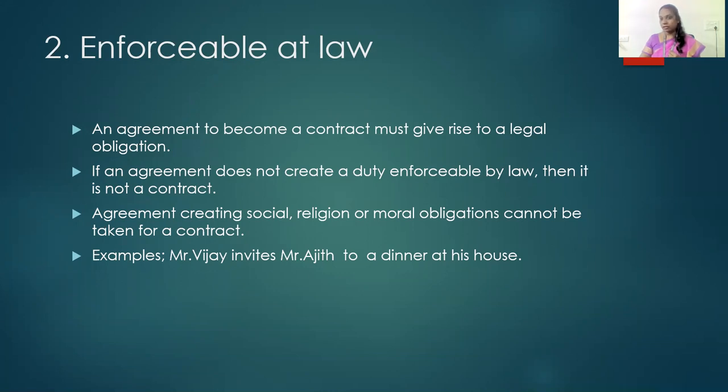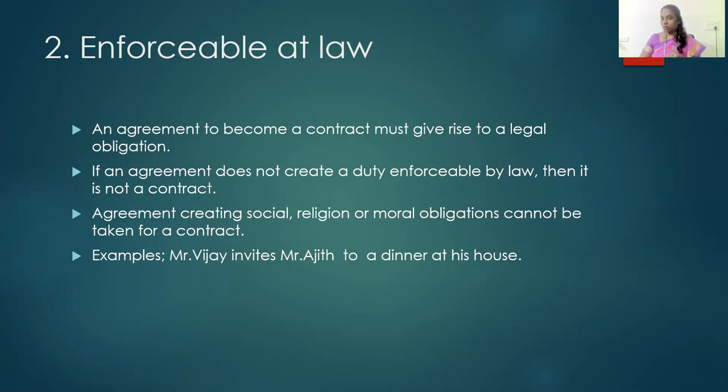Social agreements cannot be enforced in the court of law. For example, Mr. Vijay invites Mr. Ajit to a dinner at his house. This is a social agreement, a domestic agreement which cannot be enforced in the court of law. So, this kind of agreement just remains an agreement and does not become a contract.